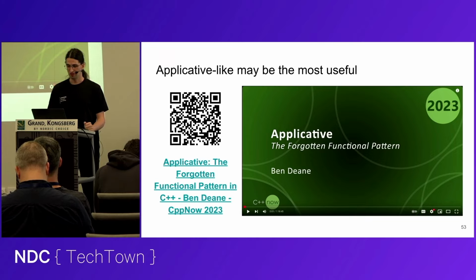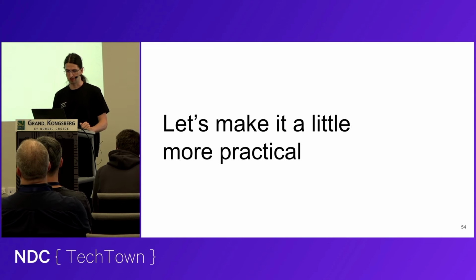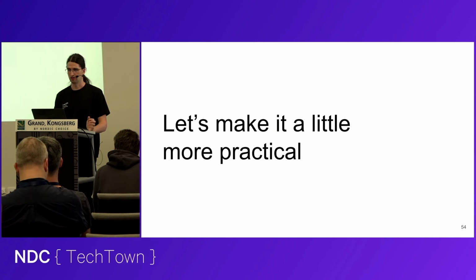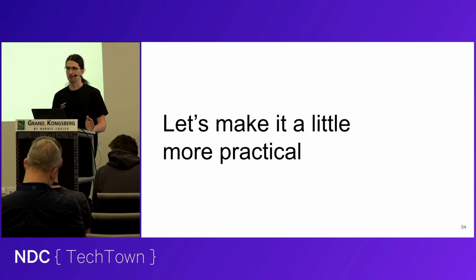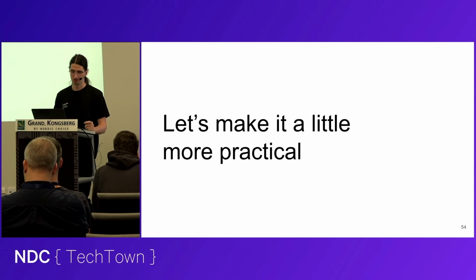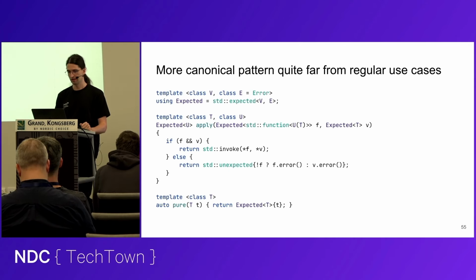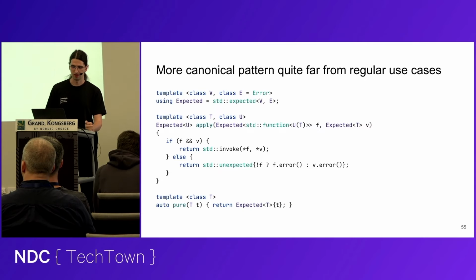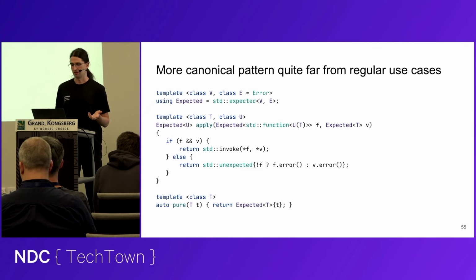Call it the way you want. This is a big one, and if you want to learn things in detail, please watch this particular talk. But I want to make it a little bit more practical, without Haskell and some other things. If we look at the canonical pattern for using this, imagine you have a regular expected of some value and some error.